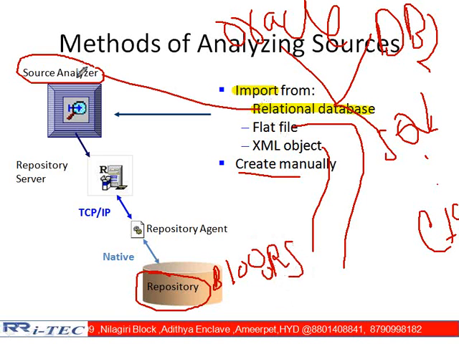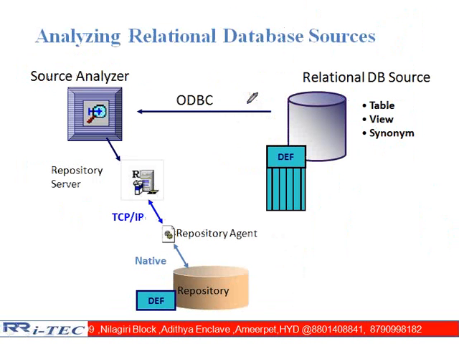First we will focus on how to import the relational database sources. A relational database source may be a table, a view, or a synonym. And are we going to import all the data or only metadata? Only metadata: table names, column names, data types, and the size of the columns. That's what I wrote here, definitions. Only definitions we are going to import here.